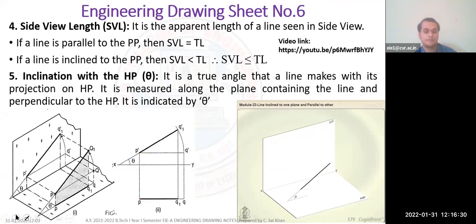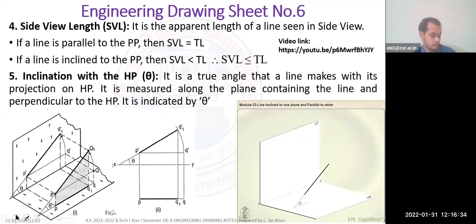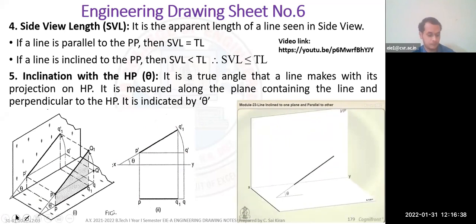Watch this video once. Line inclined to one plane and parallel to the other. The inclination of a line to a plane is the angle which the line makes with its projection on that plane. Line PQ1 is inclined at an angle theta to the HP and is parallel to the VP.